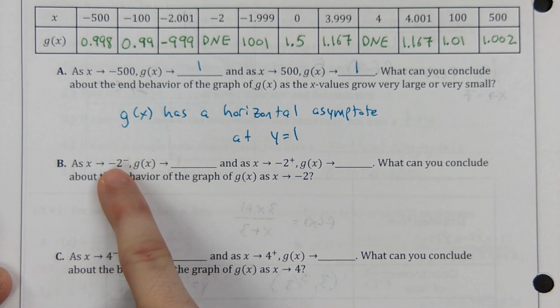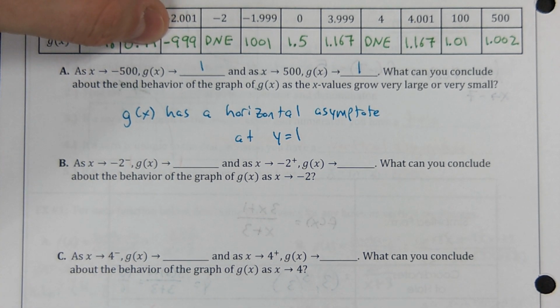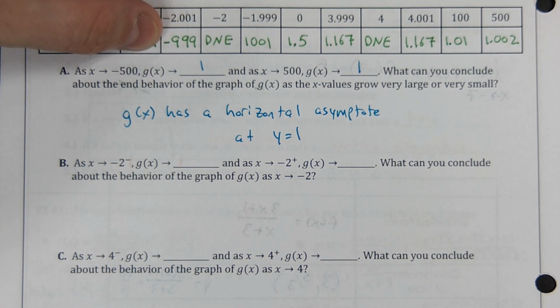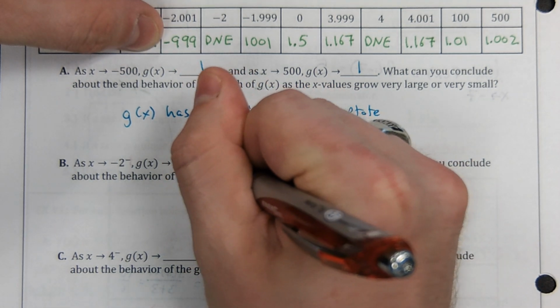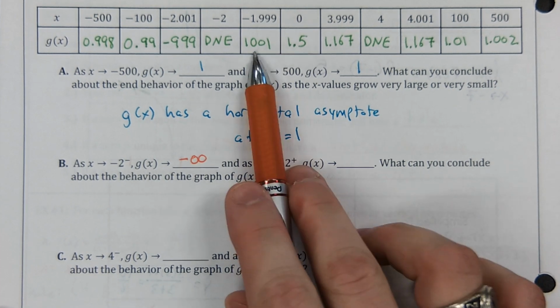Now, let's go to x equals negative 2. This says go immediately to the left of x equals negative 2. Look at this y value. What was it doing? Negative infinity. It's screaming down to negative infinity. But look at the number directly to the right of negative 2.